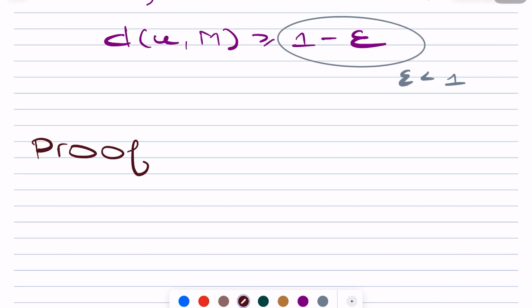So, the proof is quite easy but constructive as well.